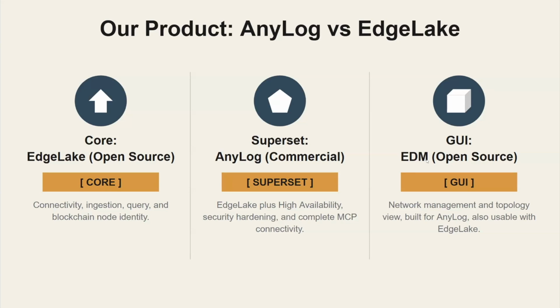Whereas AnyLog is an enhanced version of EdgeLake that contains high availability, security, more comprehensive southbound connectivity, so automated unified namespace, and enhanced MCP, whereas EdgeLake has very limited MCP connectivity. And finally, we have an open source product called Edge Data Management, which allows you to manage the entire network from a single point.